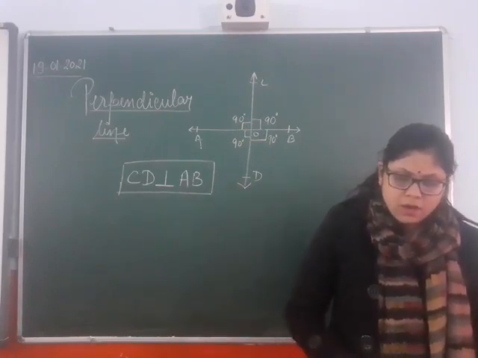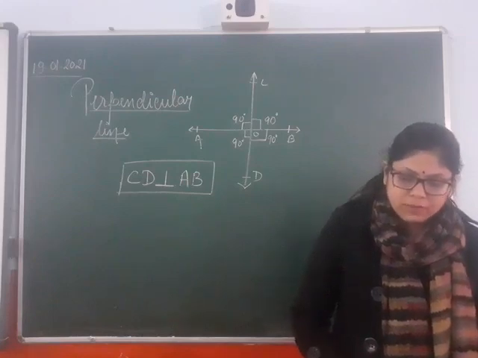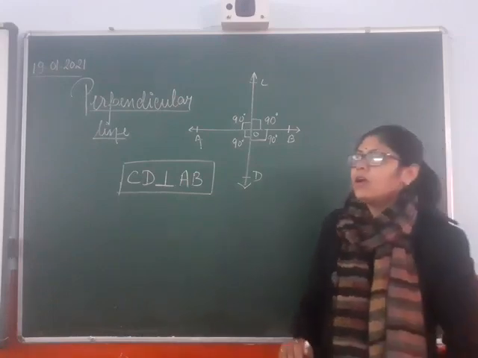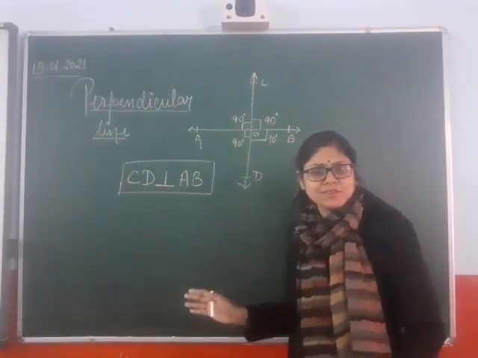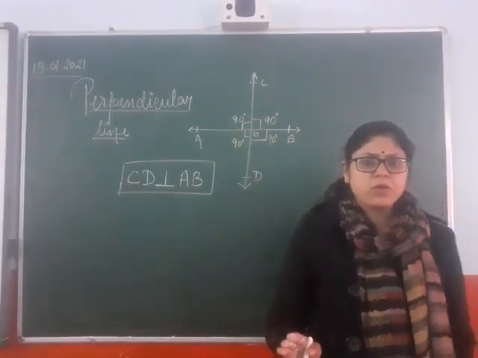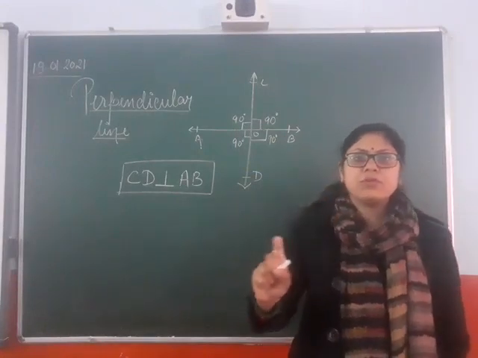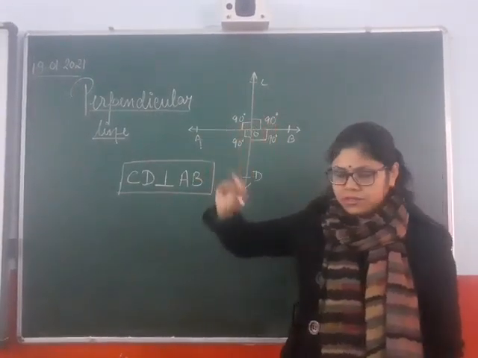Okay. Now what do you mean by perpendicular bisector? One more thing, don't get confused that this side will also be equal. No, it's not necessary. If it is just given perpendicular, only one thing should come in your mind, that the angle is 90 degree and nothing else.